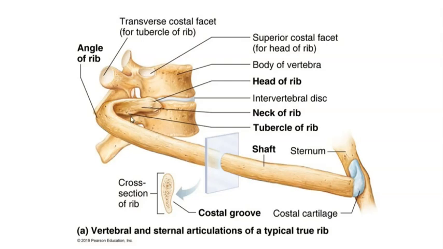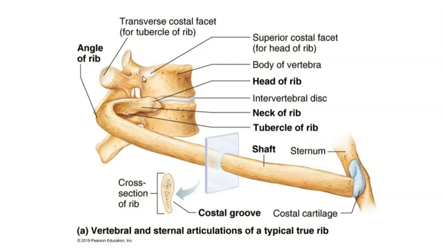The tubercle is a small rounded knob or projection that articulates with the transverse process of this same numbered thoracic vertebra. In the cutaway diagram here, you can see this little transverse costal facet on the transverse process of a thoracic vertebra. You can't see it on this one because the tubercle is making contact with it, but that's what the tubercle of the rib makes contact with.